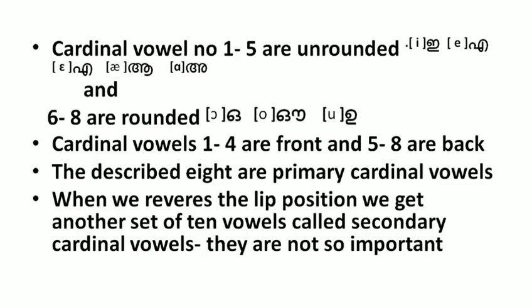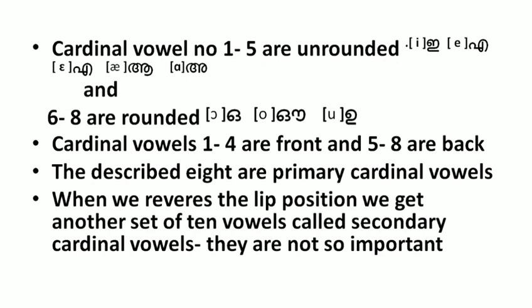I told you 1 to 5 are unrounded, and 6 to 8 are rounded cardinal vowels. Cardinal vowel number 1 to 4 are front cardinal vowels, 5 to 8 are back cardinal vowels. The 8 described are only primary cardinal vowels.